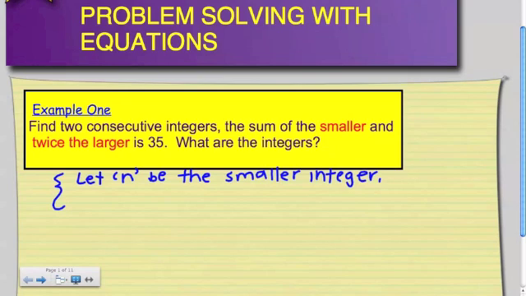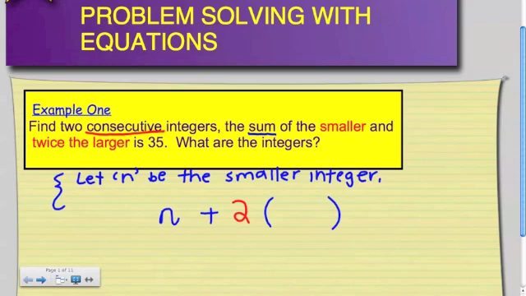That means that find two consecutive integers, the sum of the smaller and twice the larger. So if we take the smaller integer and we're going to add it, because we're talking about sum, to twice the larger integer. Now, if n is the smaller integer and we're talking about consecutive, that word is very important. Consecutive integers. Does anyone know an expression that can represent a consecutive integer? Yep.